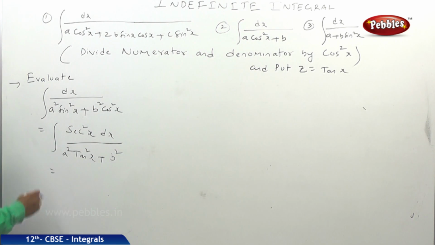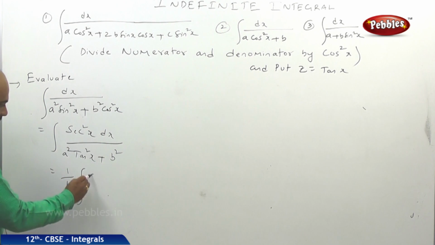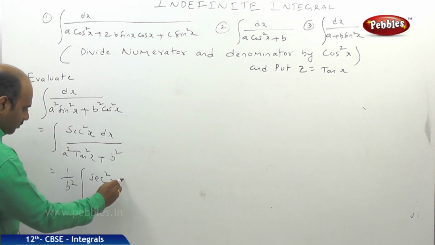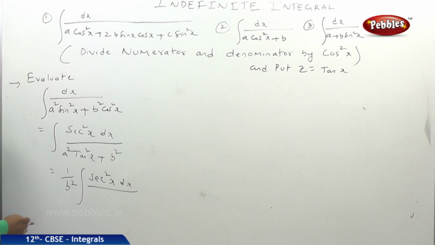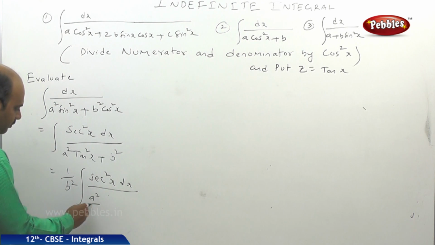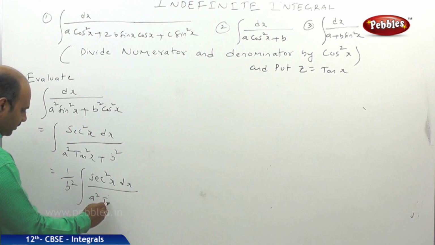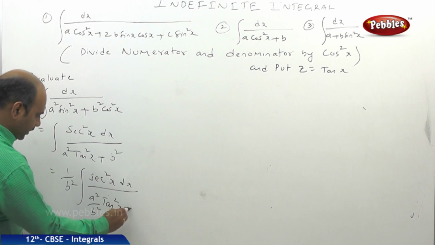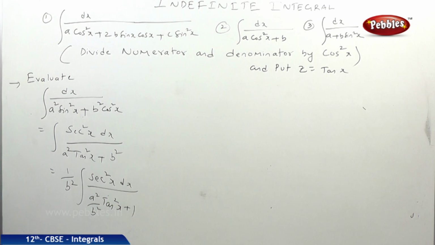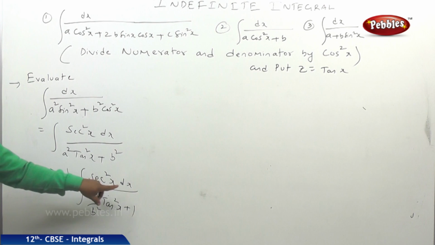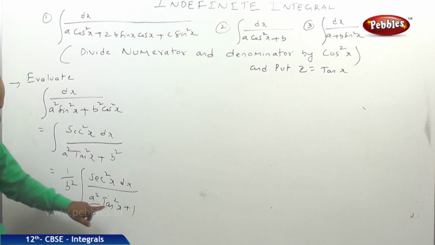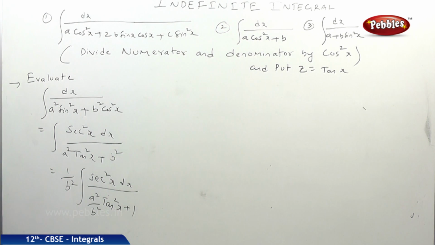Later I will take b square common. So what happens? 1 by b square secant square x dx divided by (a square by b square tan square x plus 1). So finally our whole integral has been transformed to 1 by b square integral of secant square x dx divided by (a square by b square tan square x plus 1).